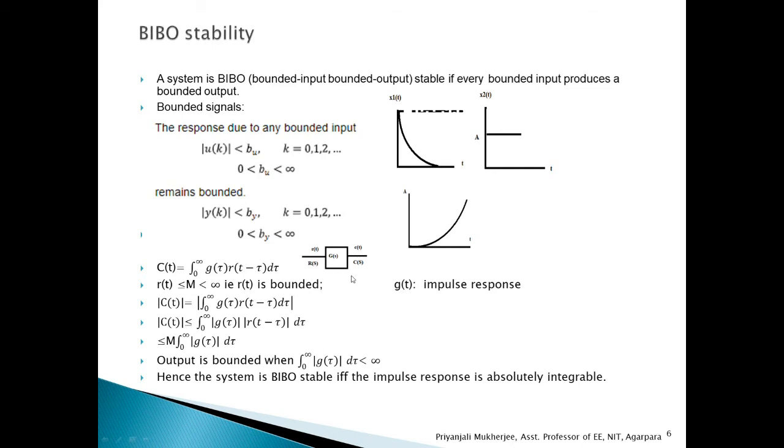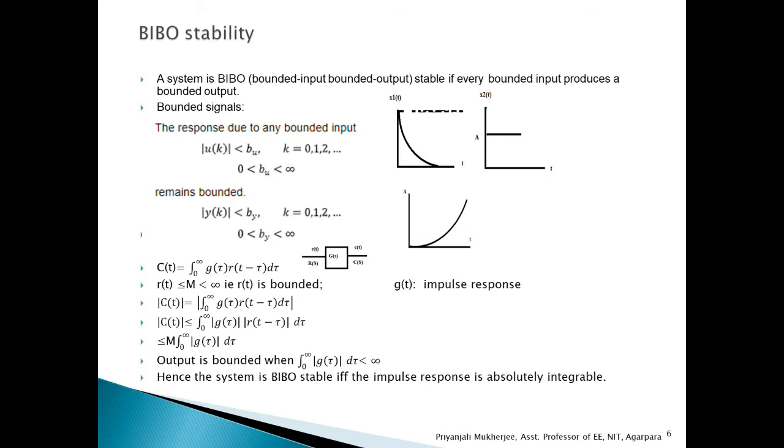Now, consider a system where G(s) is the transfer function, and g(t) is the impulse response, such that due to R(s), C(s) is produced. So we can write C(s) equals G(s) times R(s). Applying the convolution property of the Laplace transform, we can write c(t) equals the integral from 0 to infinity of g(tau) r(t minus tau) d tau.